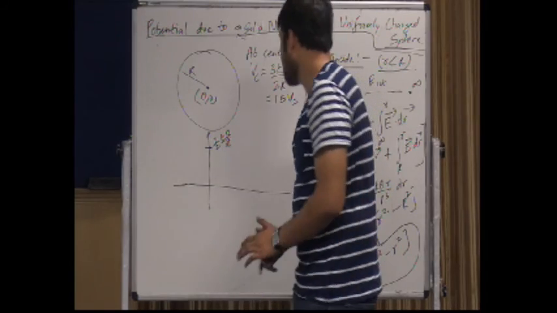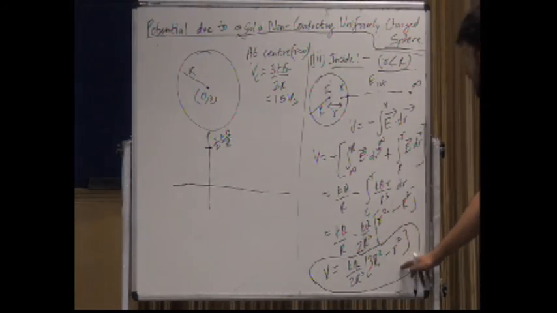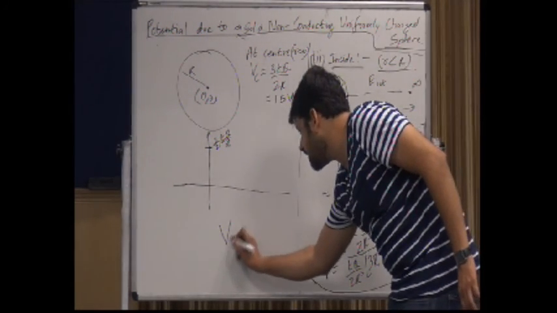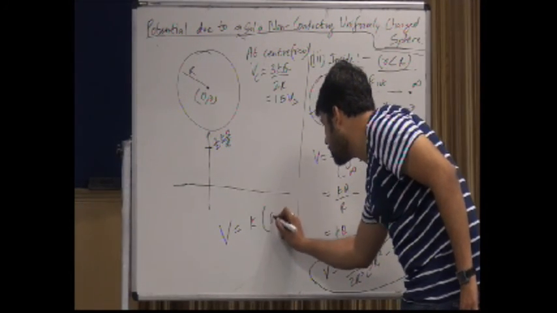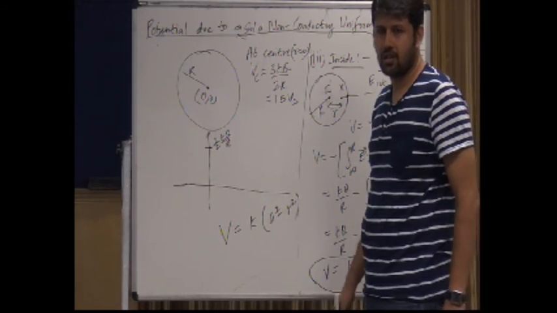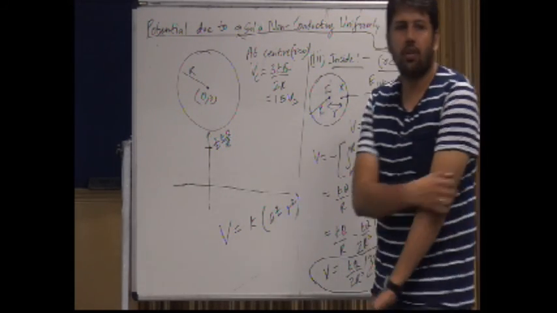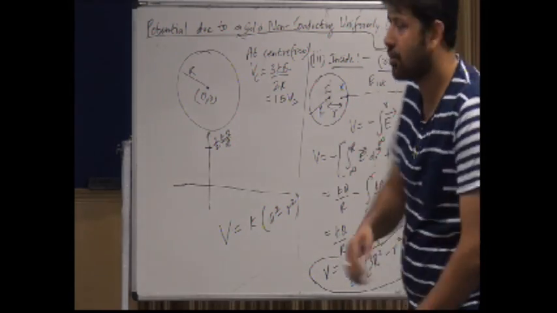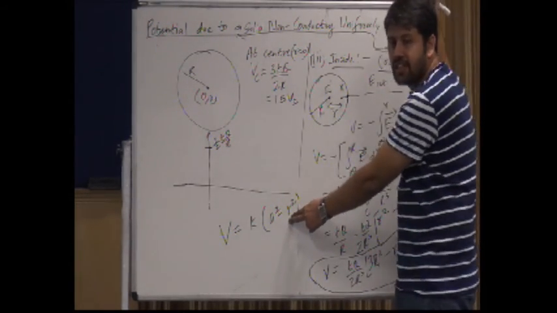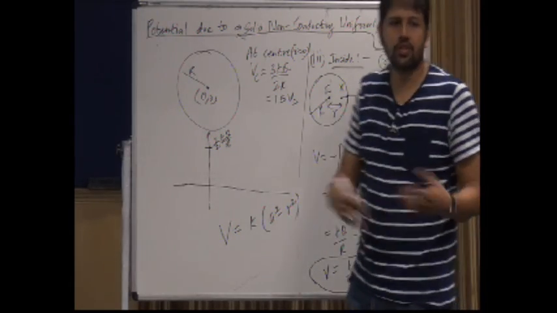On both the sides, if you check the graph, the function of V is of the form k into a square minus r square. Do you remember in quadratic equations, where the coefficient of x square was negative, what was the graph?